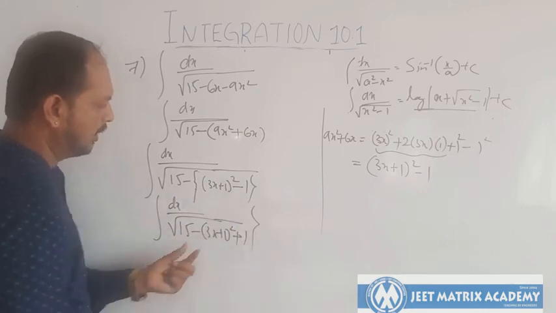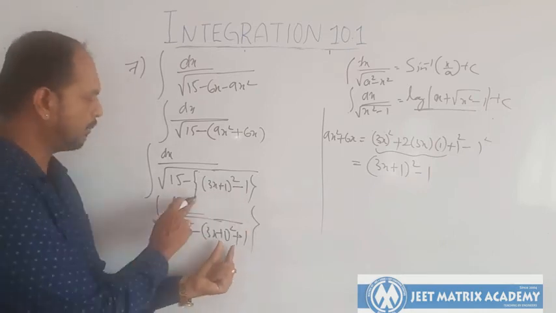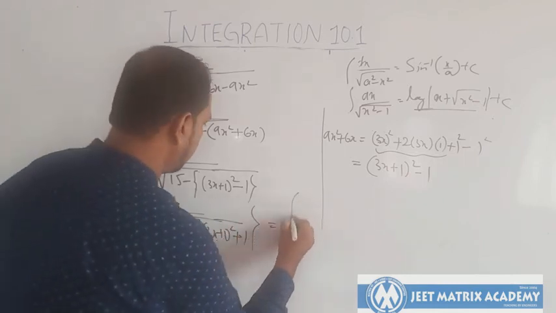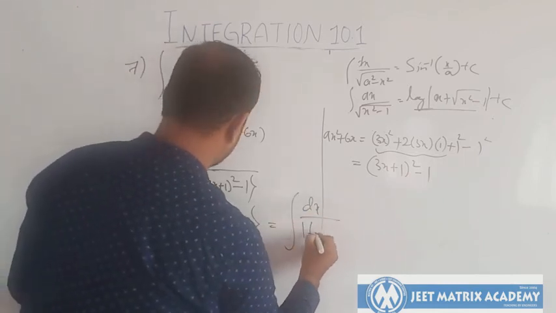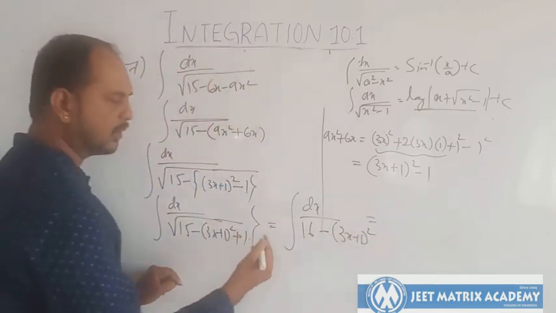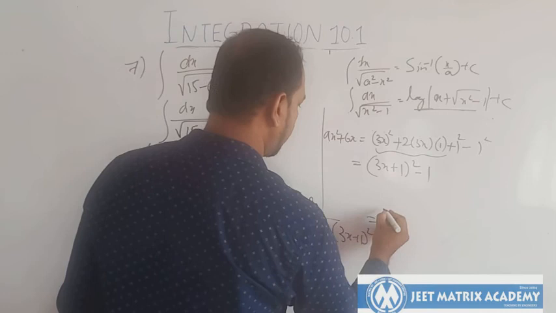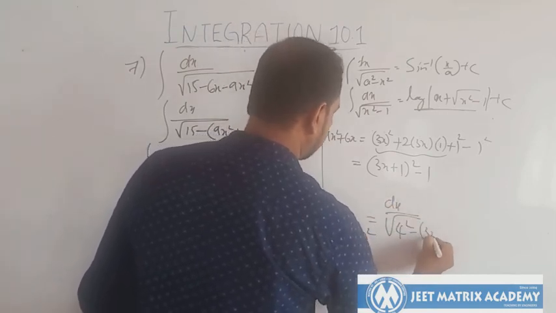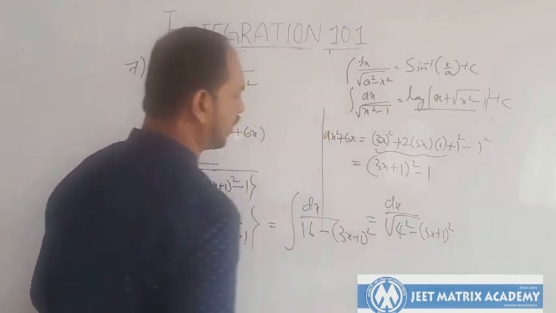Am I right? See, minus becomes plus when I open the flower bracket. Now plus 1, 15 will become 16. So this is 16 minus 3x plus 1 whole square. 16 you could write as 4 square, dx divided by under root 4 square minus 3x plus 1 whole square.